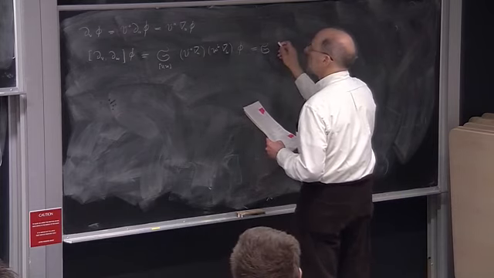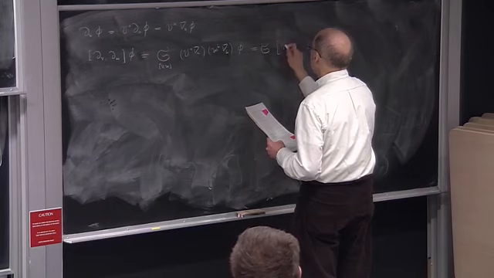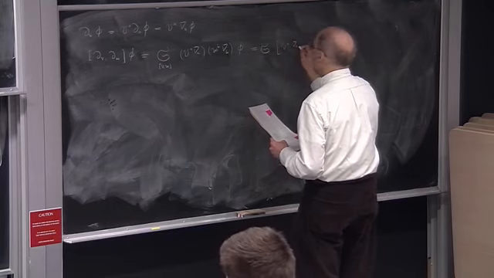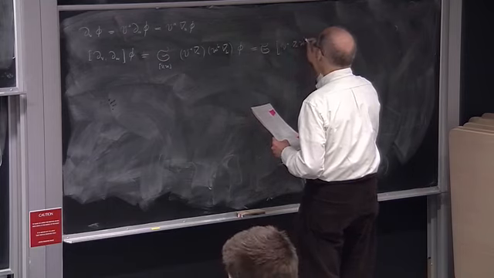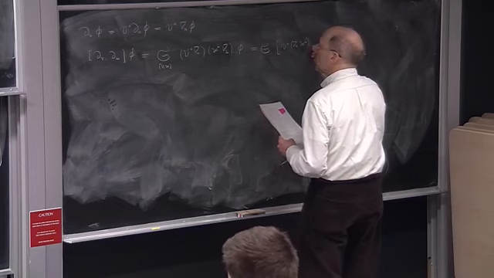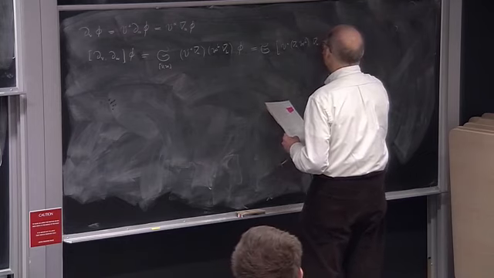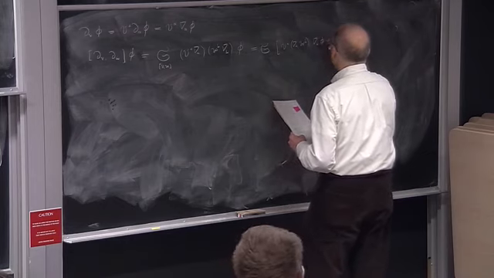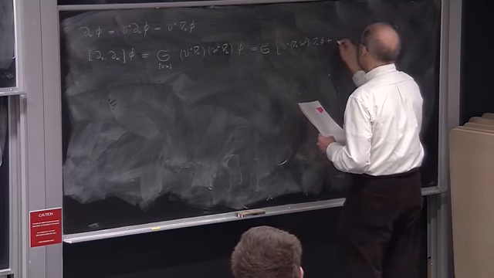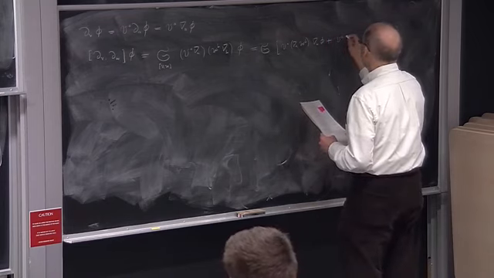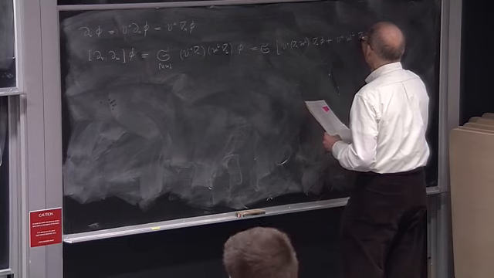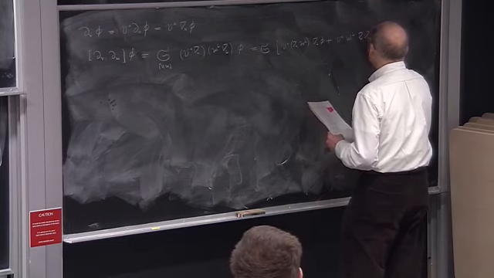So I'll just get two terms: V^A grad A W^B times grad B phi, and then the other term, V^A W^B grad A grad B phi.